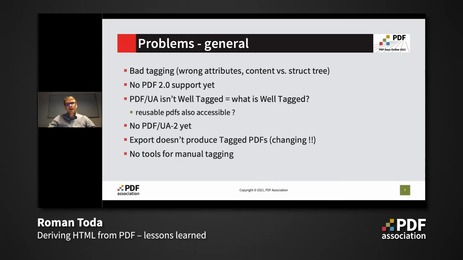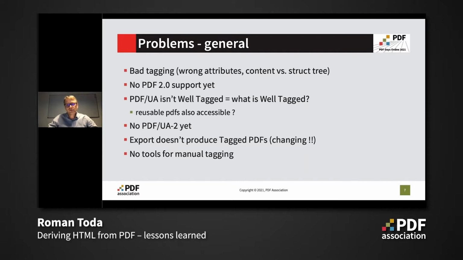So after implementing and starting to integrate the algorithm into standard workflows, we quickly realized that we don't have good tagged PDF files. And I'm not talking about those prepared for derivation, just standard tagged PDFs. On the side of creators, they barely produce tagged PDFs.